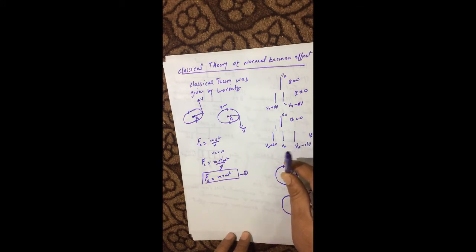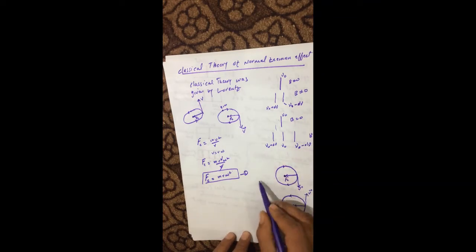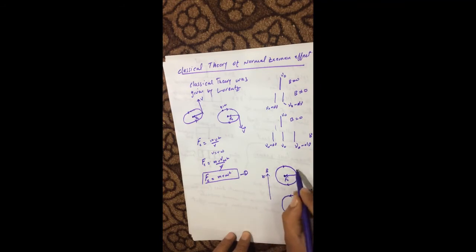This is the direction of the centripetal force. The external magnetic field B is along the Z axis, and this circle is in the X and Y plane. So the magnetic field will be perpendicular to the plane of this circle.